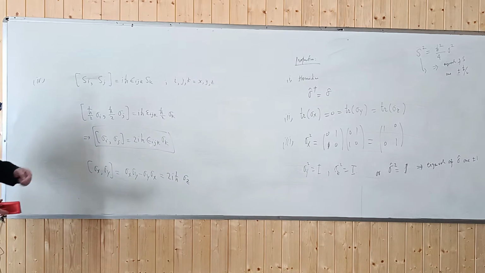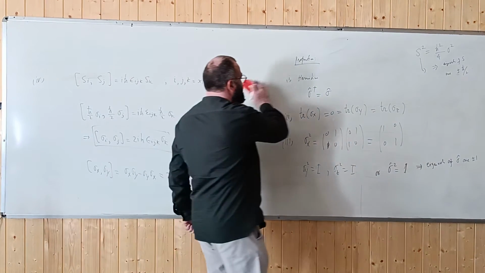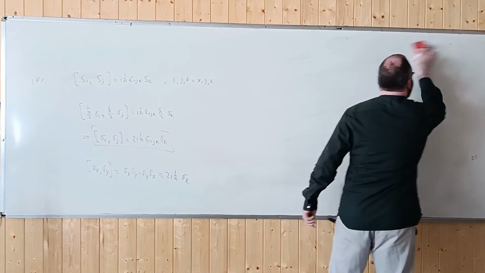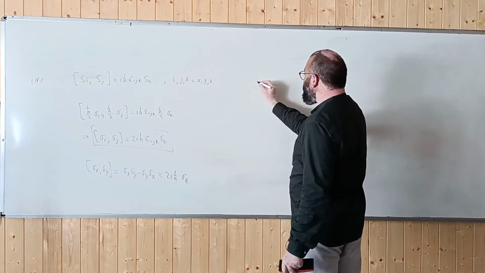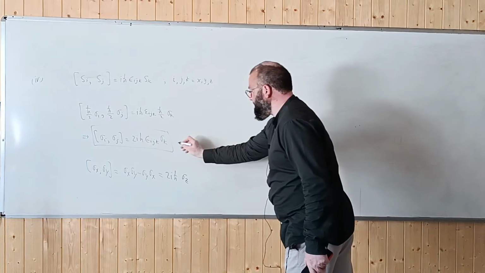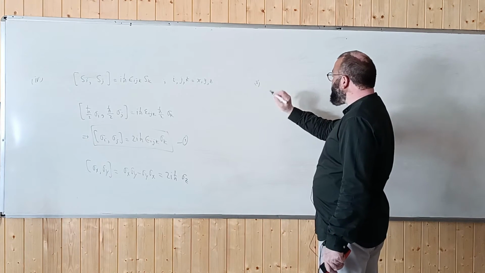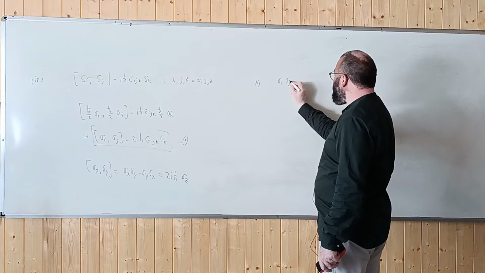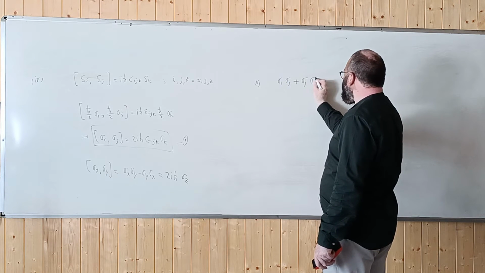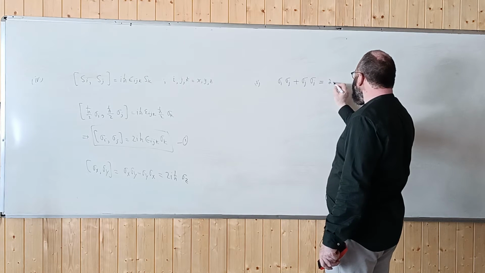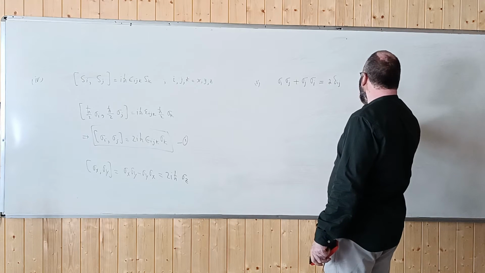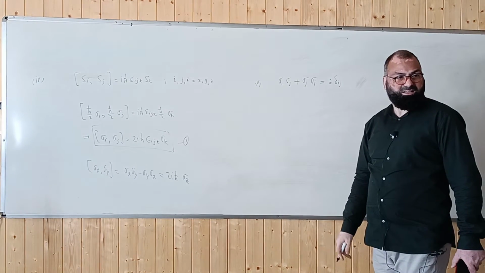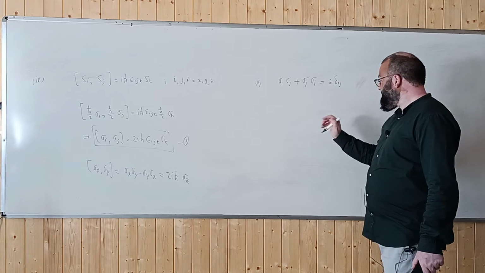Okay. Now let's look at another thing. Let's call this the first. So I am having this object as well. If I take sigma i, sigma j plus sigma j, sigma i, that's equal to twice delta ij. Clear?